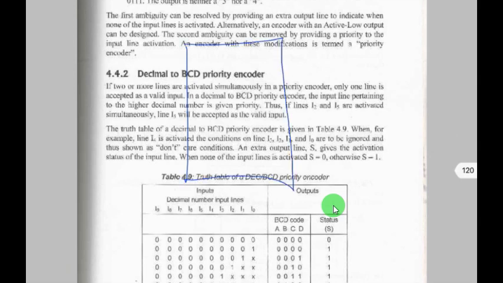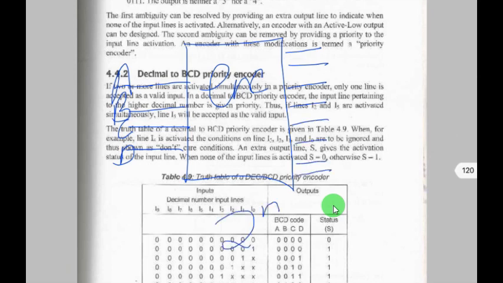Consider this is our encoder. It has 4 input lines that we are labeling A, B, C, and D. This decoder will have how many possible output lines? 2 to the power, which is equal to, so we might have 16 possible inputs.